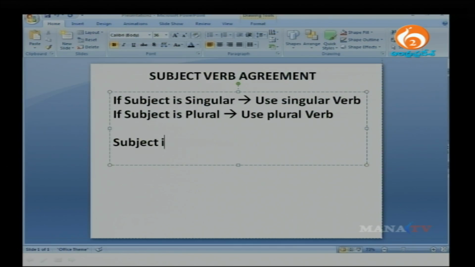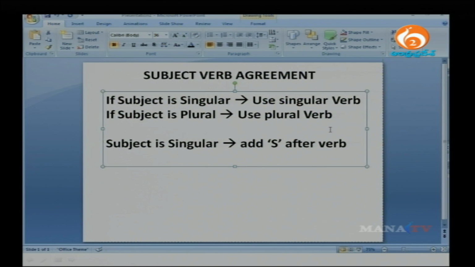If your subject is singular, add S after the verb. So, the letter S applies for singular. Use the letter S at the end of the verb.